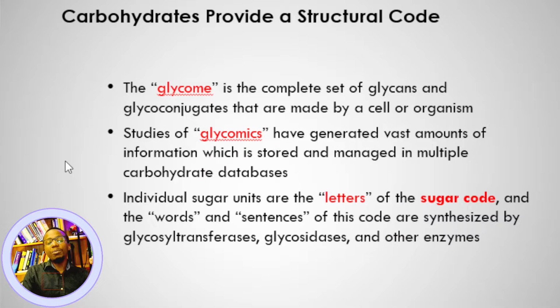scientists in glycomics have gone as far as making a sugar code, just like a genetic code, right, to show how things are made and how signals are transferred in terms of sugar molecules.